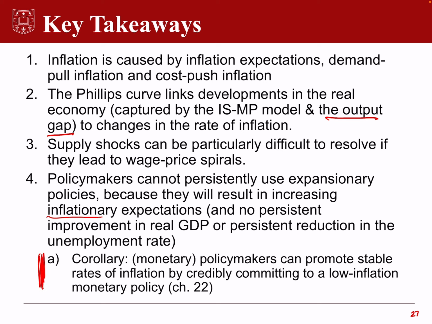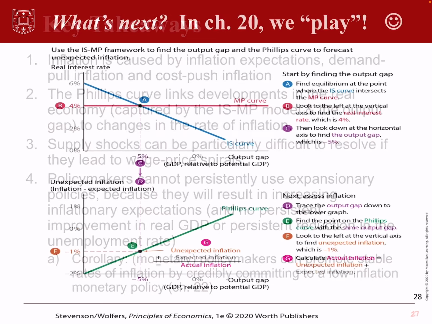And so the corollary here that we'll see in chapter 22 is that especially monetary policymakers can promote stable rates of inflation by credibly committing, so by undertaking actions and words that are believable, credibly committing to a low inflationary stance.